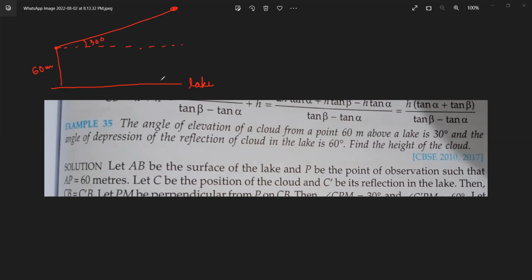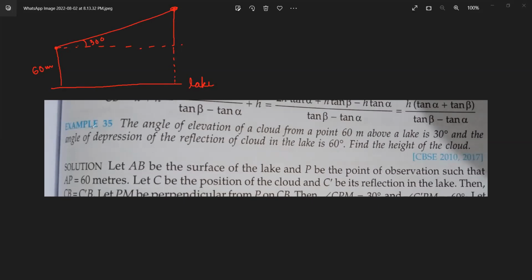And the angle of depression of the reflection of the cloud in the lake is 60 degree. Now, this is the height of the cloud from the lake, right? Basically, there has to be three heights here.